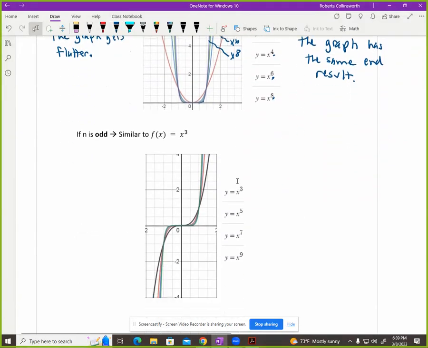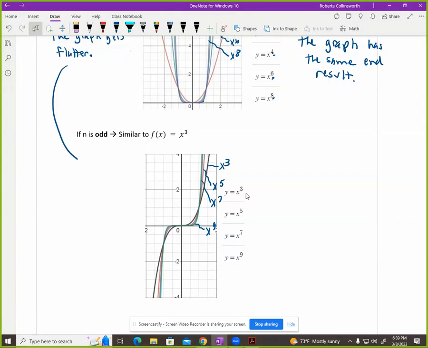Now let's look at odd. So let's look at our parent function x to the third power. So x to the third power is this one. This is x to the 5th power. And then I have x to the 7th power. And then x to the 9th power.